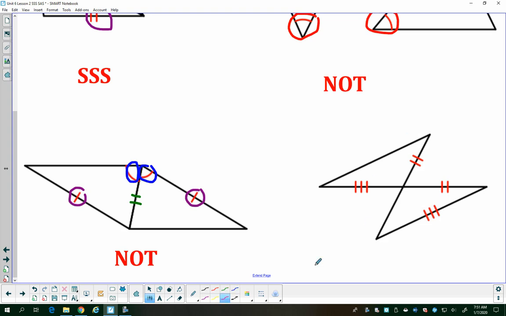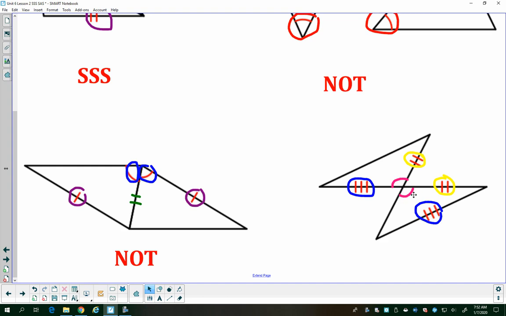In this last one, I have vertical angles here, so I can mark that that angle and that angle there are congruent. I have a pair of sides with two tick marks, and I have a pair of sides with three tick marks. And again, in this triangle, my angle that's marked is being made by the two sides that are marked.